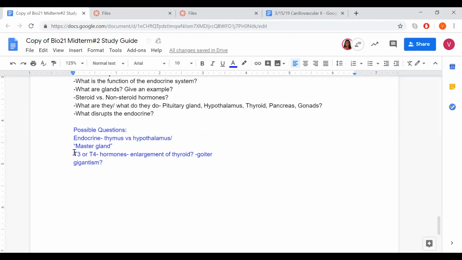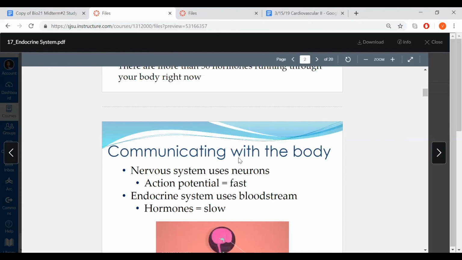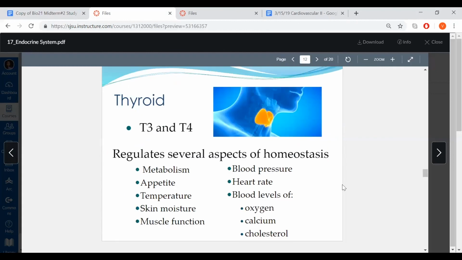So T3 or T4 hormones are the enlargement of the thyroid. I don't know what you're trying to say with this question. This is the part where she was talking about how if T3 and T4 are disrupted, then goiter or gigantism is what's going to happen.